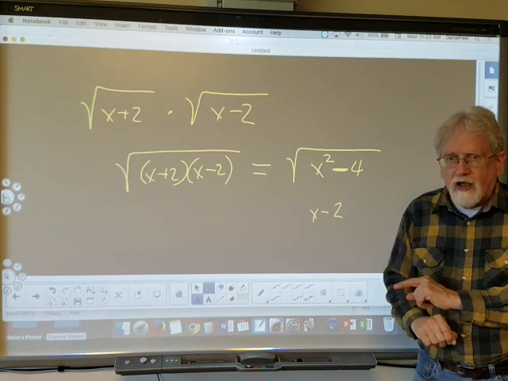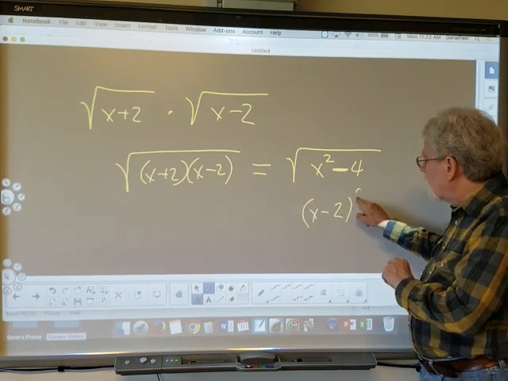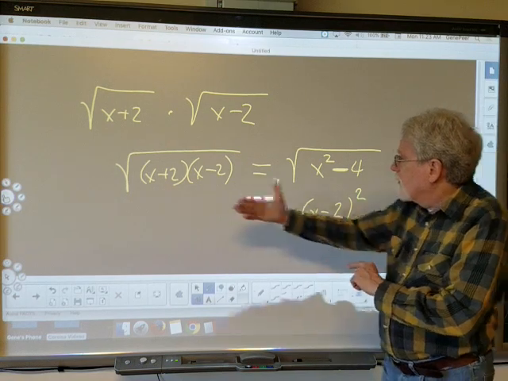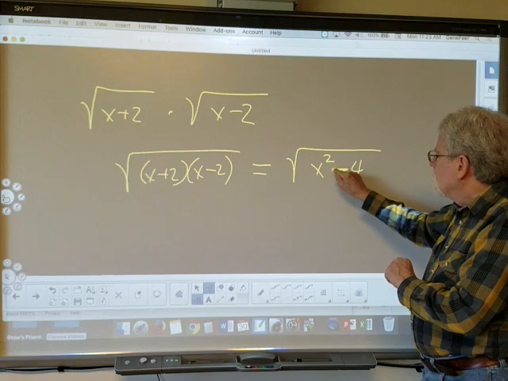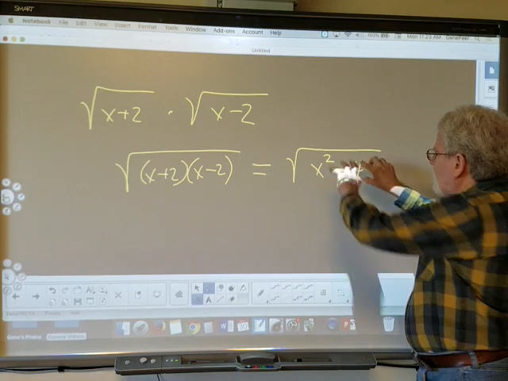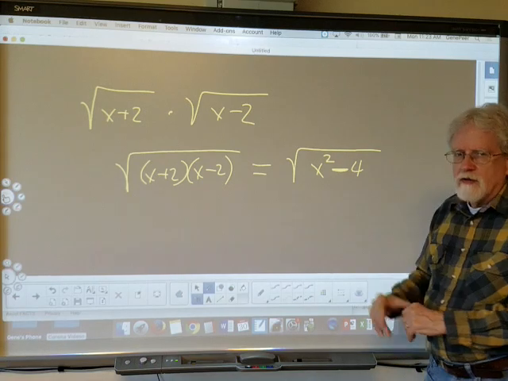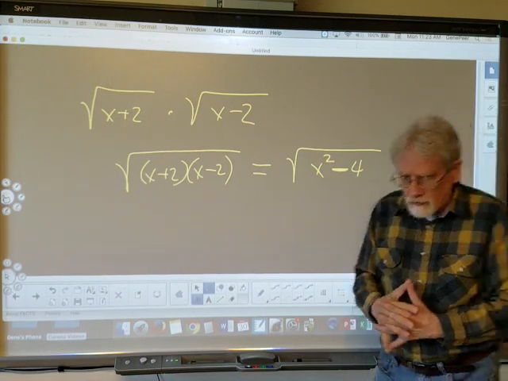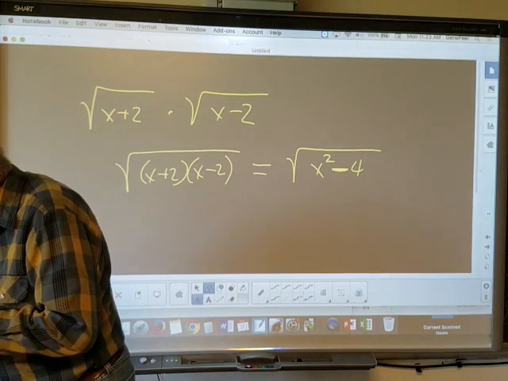No, it is not. Because is x minus 2 squared equal to this? Of course not. No, it doesn't work. Because of that minus sign, you can't split these apart that way. Therefore, at this point, you are done. There's nothing else to do to it. You are done. Let's move on to the next example.